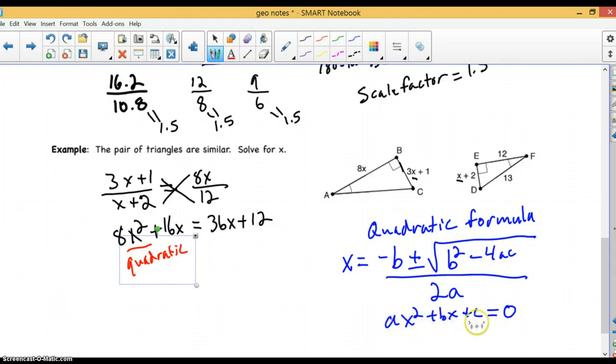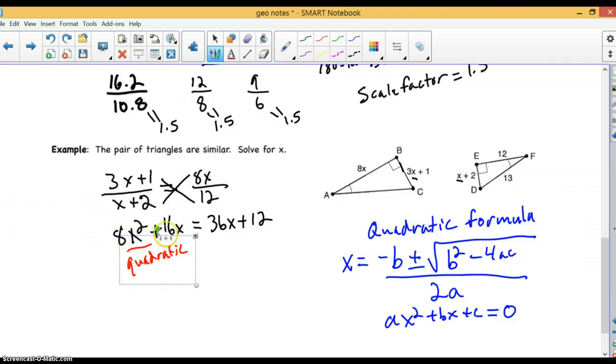Now a, b, or c could be 0 and it'll still work. The important part is that all the x's are on the left side and the right side equals 0. So now we need to do that to our equation.